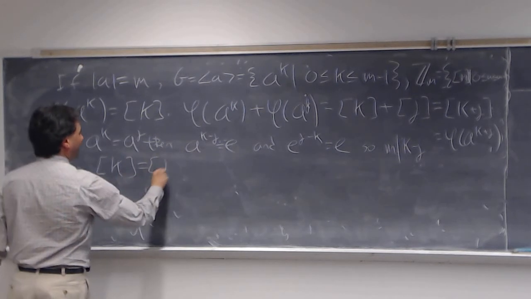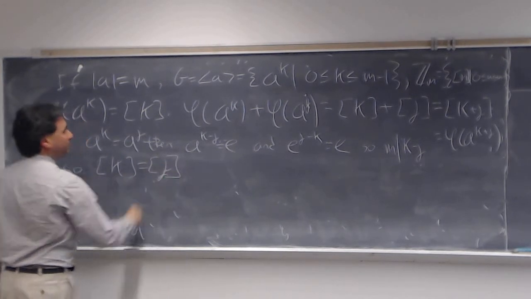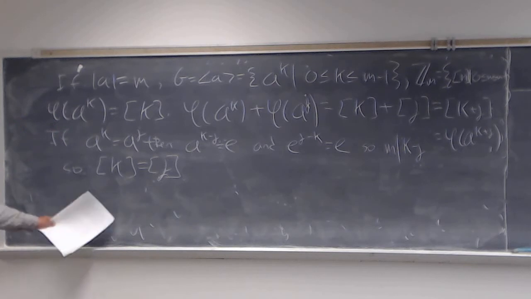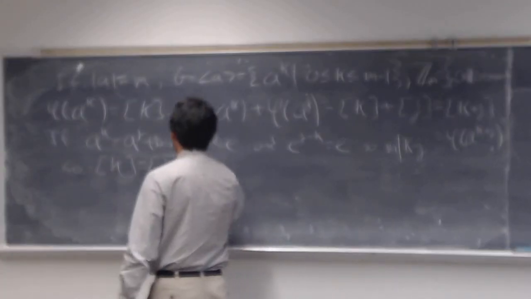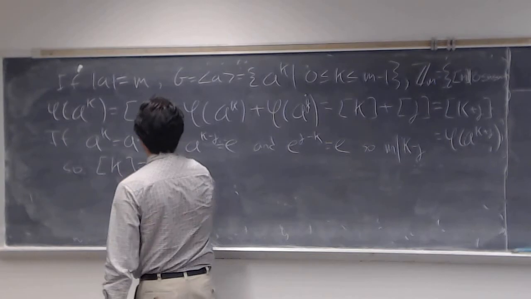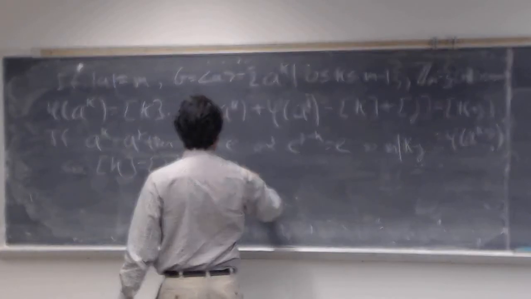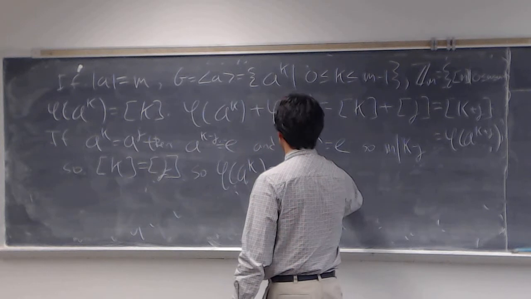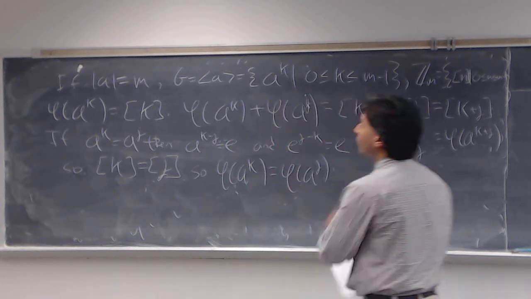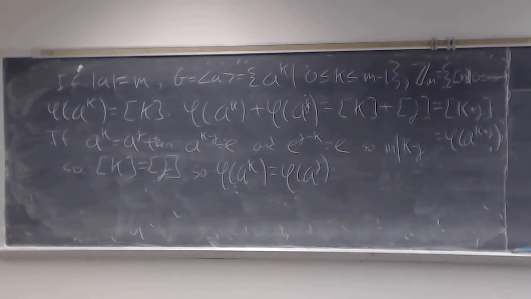But that's just what congruence means, right? Those are elements of Zm, these equivalence classes, so those two determine the same class. And so that's just phi of a to the k, and that's just phi of a to the j. So this issue is not a problem.